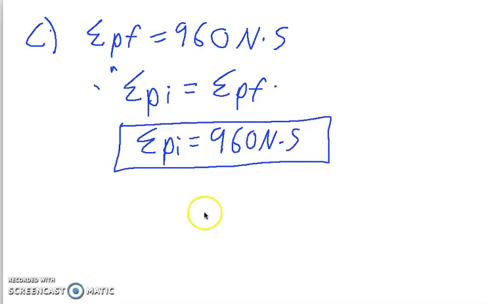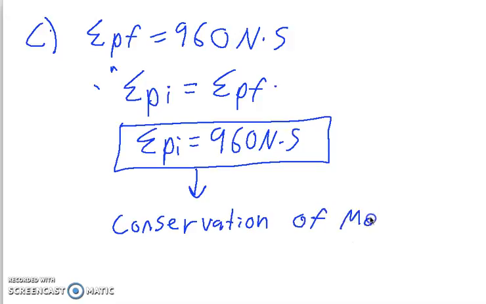The reason for this is conservation of momentum, which says whatever you have initially is the same as what you have finally. The momentum's not going anywhere. It may be distributed differently among the skaters, but it's never created or destroyed. It's just moved between skaters. So that's C.